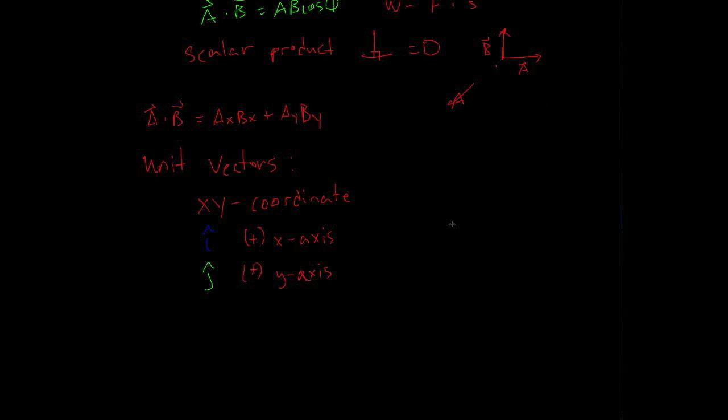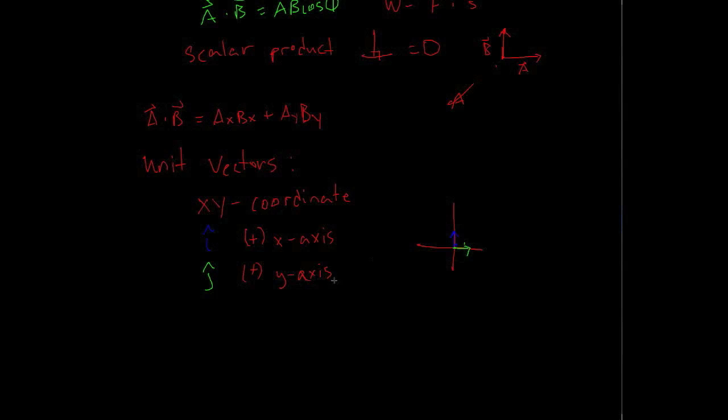So if we had a coordinate system over here, you would have i right here, and you would have j right here. Now these are completely unitless with a magnitude of 1.